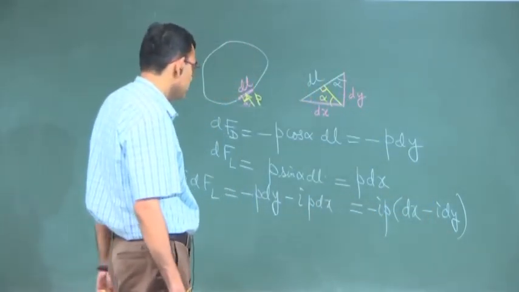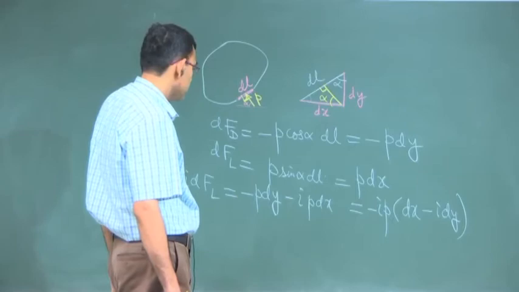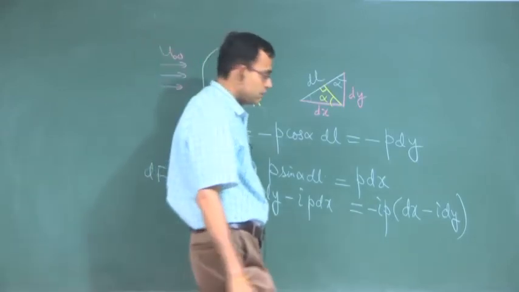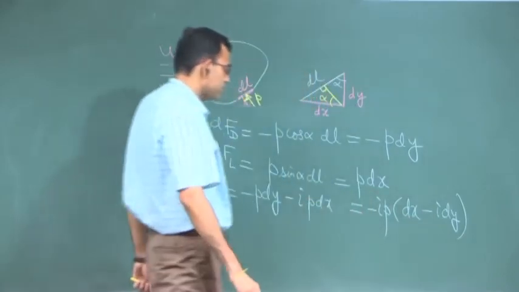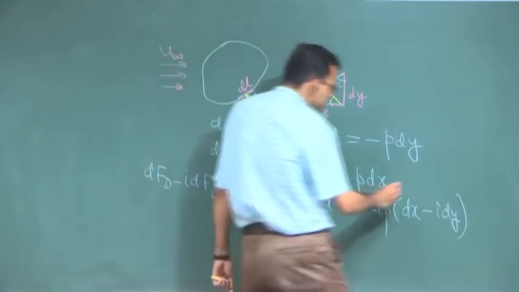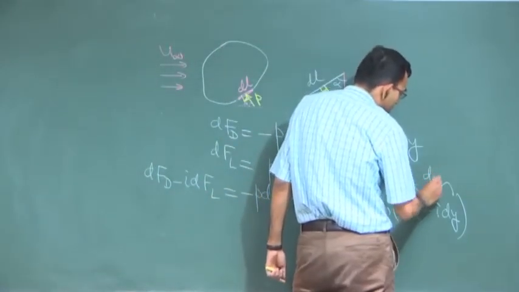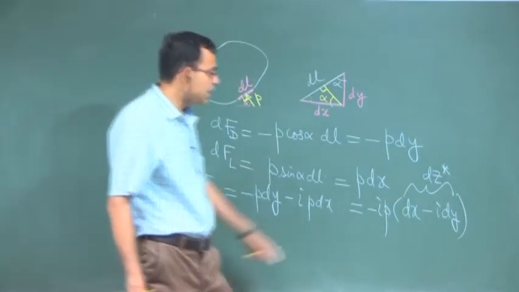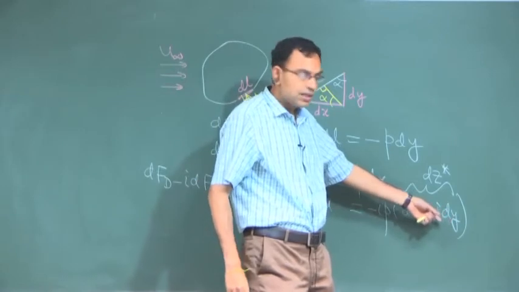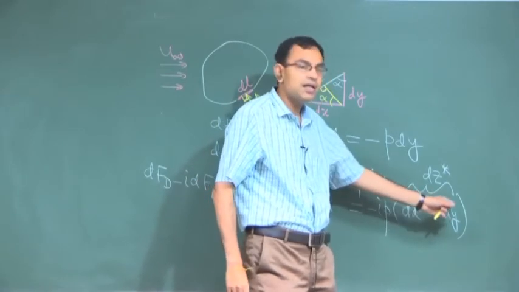right, because these two minus cancel and I square is minus 1, right. So, this is the complex conjugate of dz. dz is dx plus I dy, its complex conjugate is dx minus I dy.